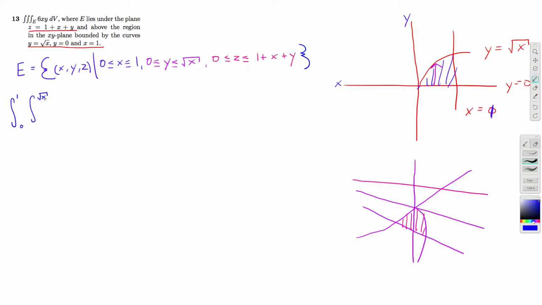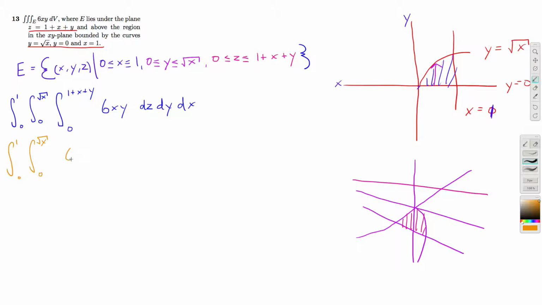So now we can rewrite our question as the integral from 0 to 1, from 0 to the square root of x, from 0 to 1 plus x plus y of 6xy dz dy dx. So let's now solve this. Let's integrate with respect to z.